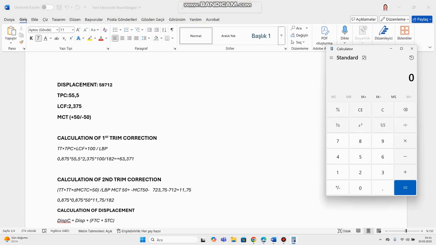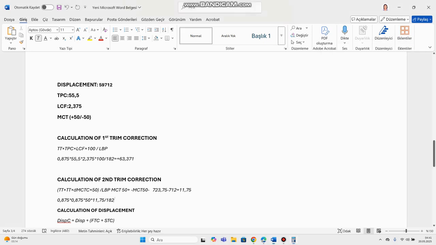Let's calculate. 2.47. Second trim correction is always and always positive.